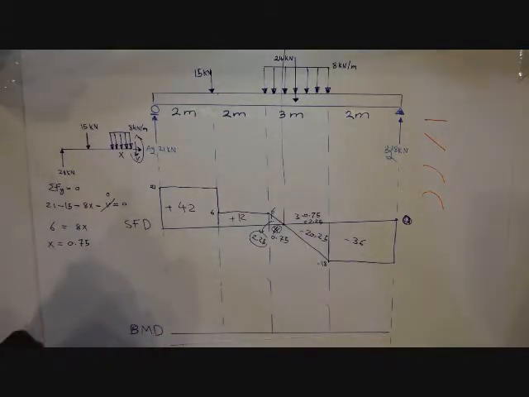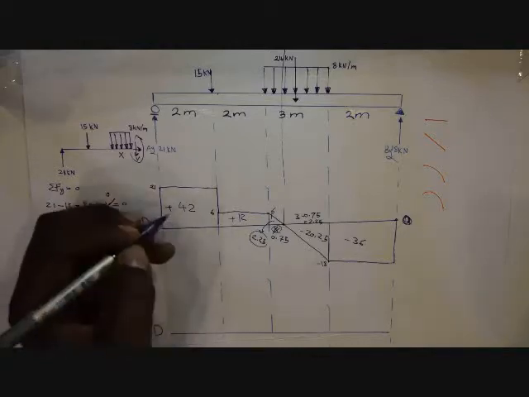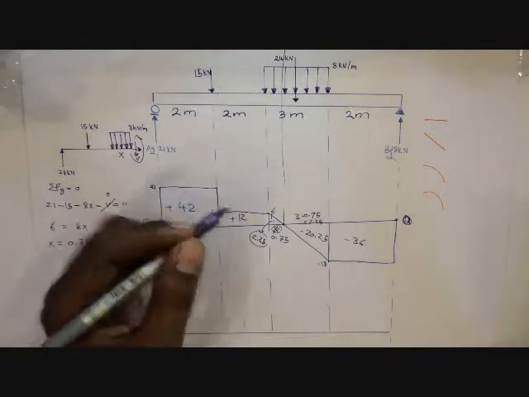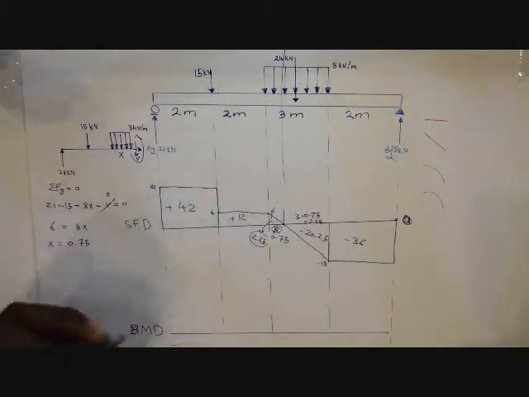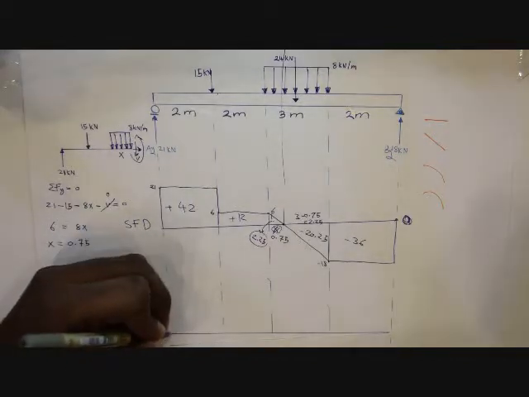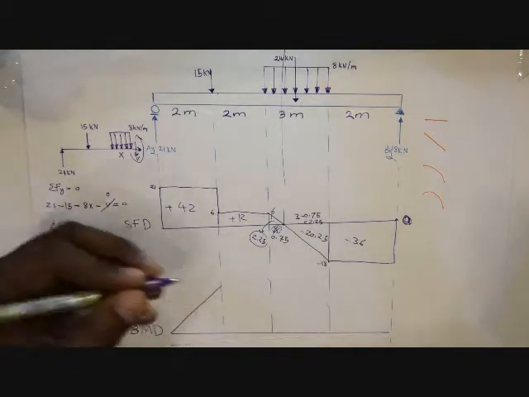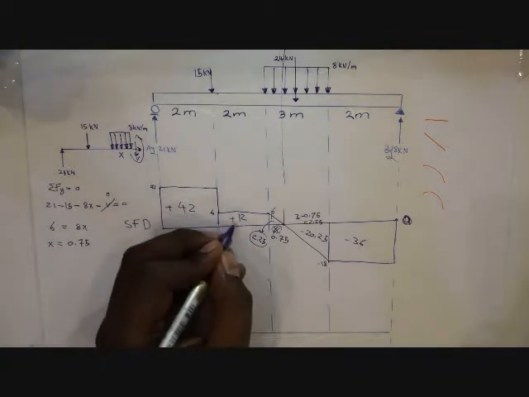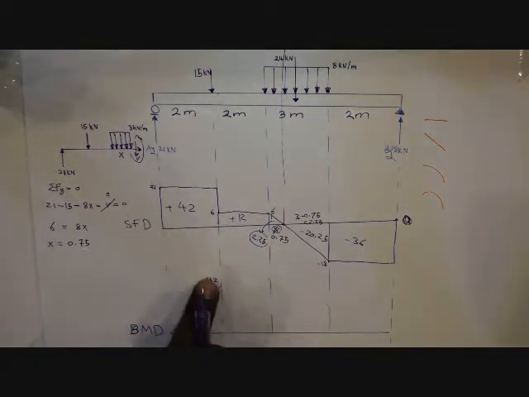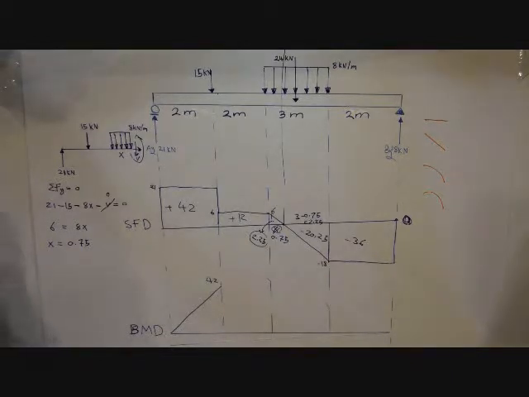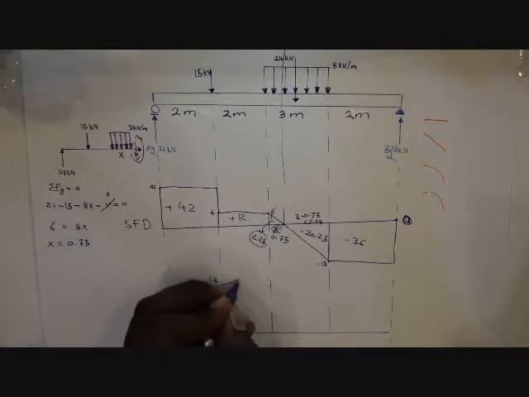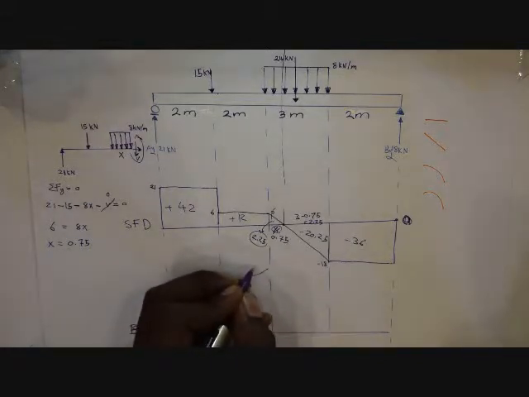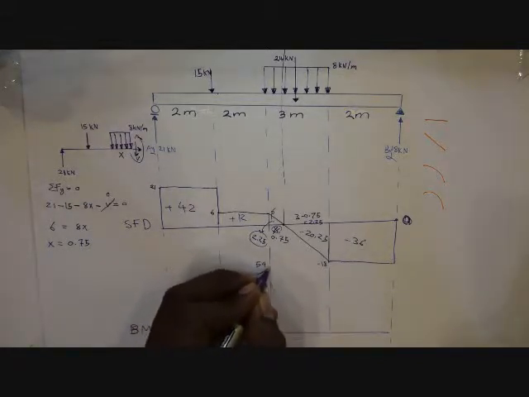So let's draw our bending moment diagram now. The integration of this line, you know it, just a slope line, so it's 42, and then we also got 12. 42 plus 12 is what? It's actually 54.